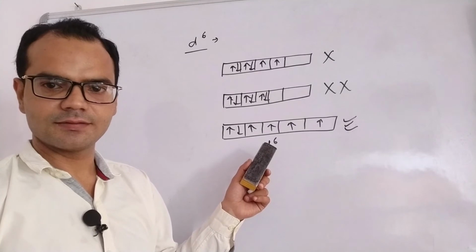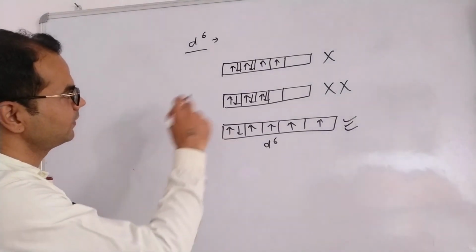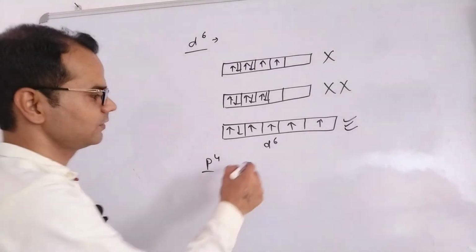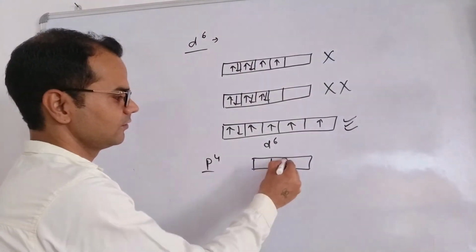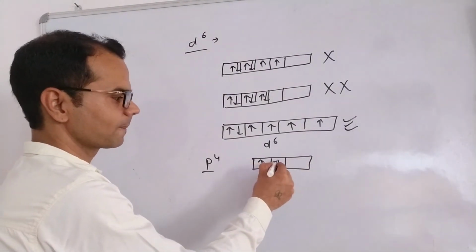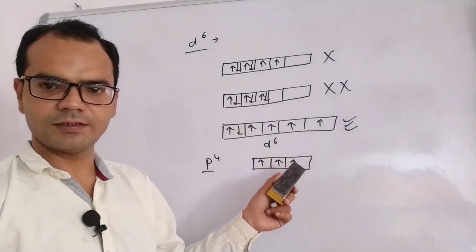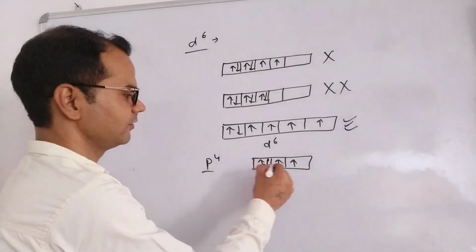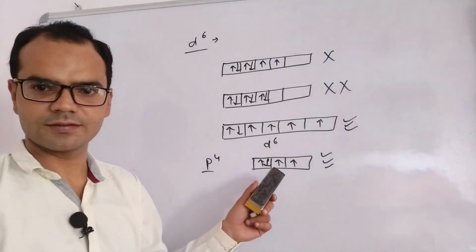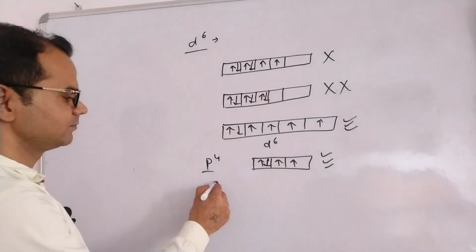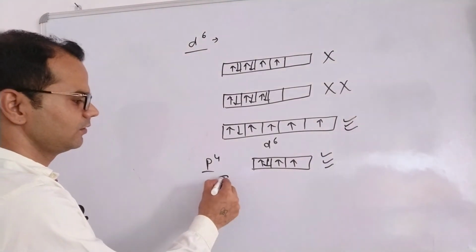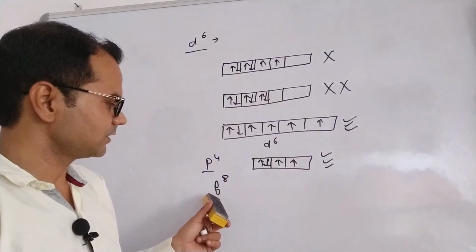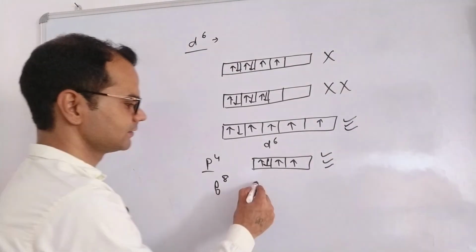Simple. For example, I have to fill p4, 4 electrons in p orbitals. So correct will be: first 3 electrons will enter in separate orbitals. Now pairing is possible because there is no vacant orbital. So p4 will be this. If we have to represent f8, 8 electrons in the f subshell, f contains 7 orbitals.